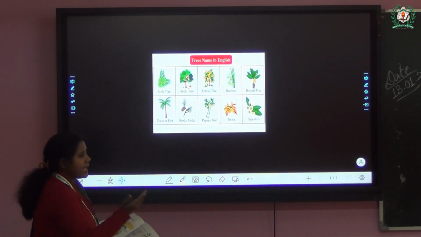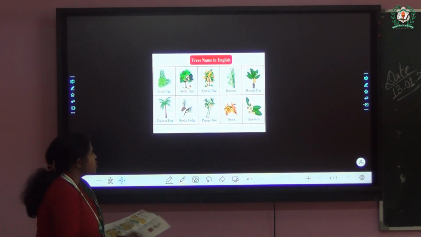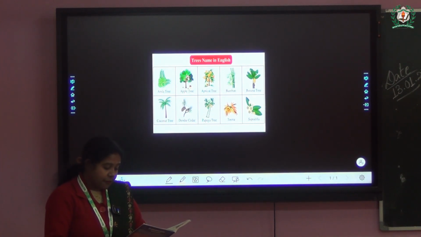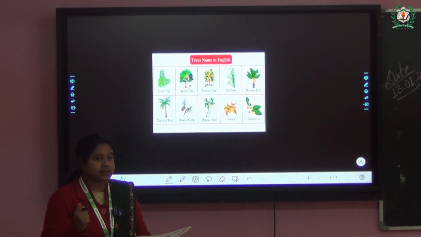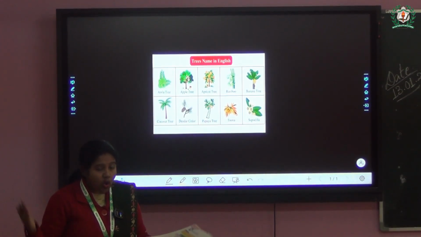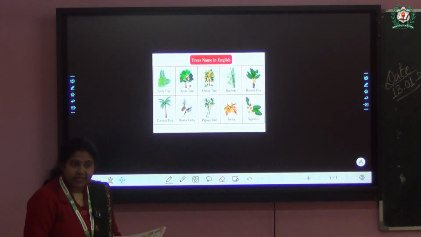From the green world, the trees are the plants that have strong stems and are very big.